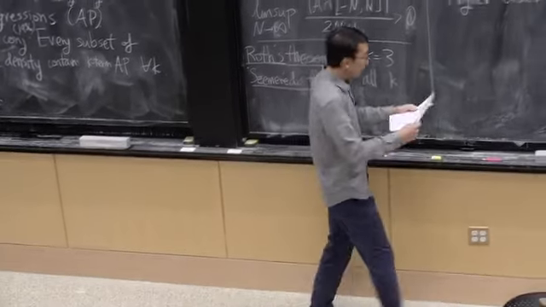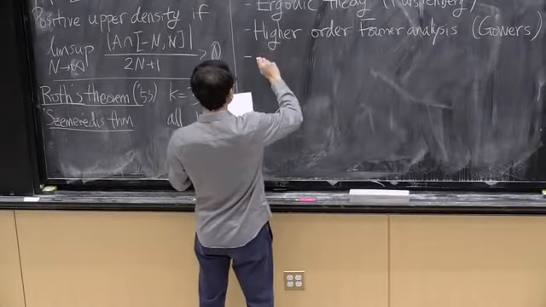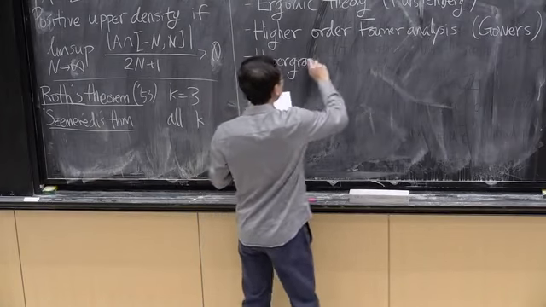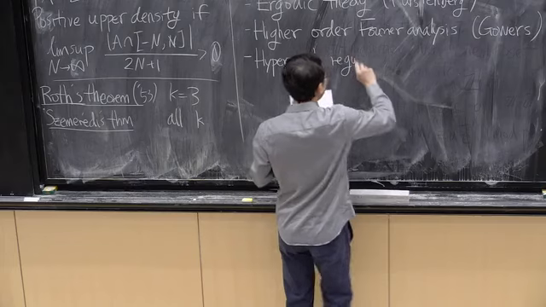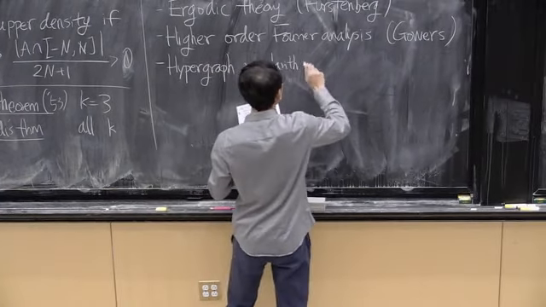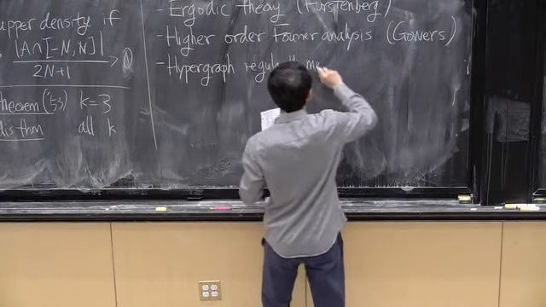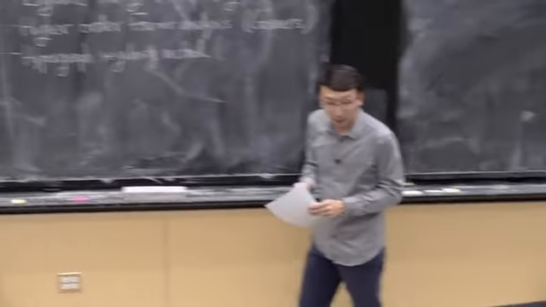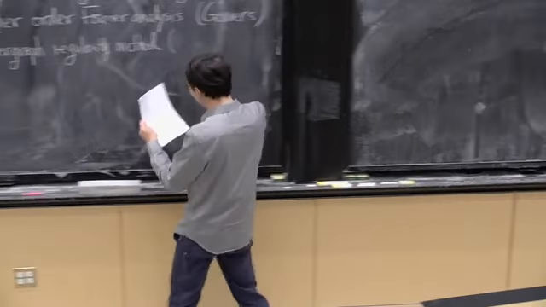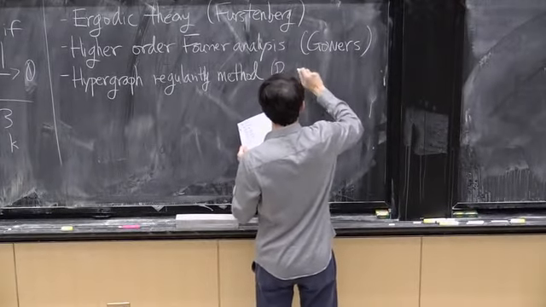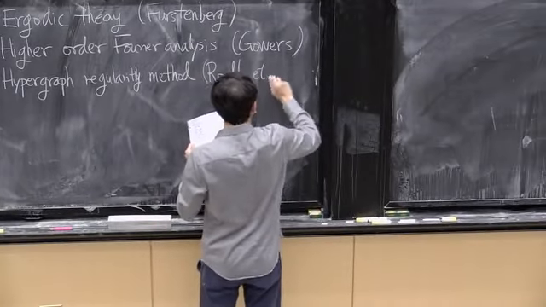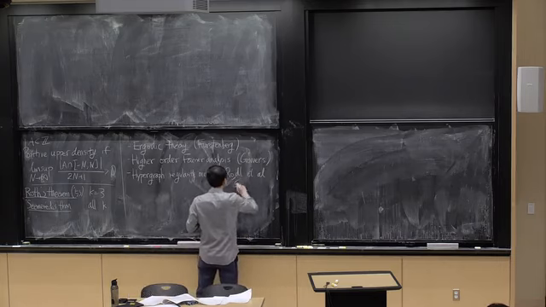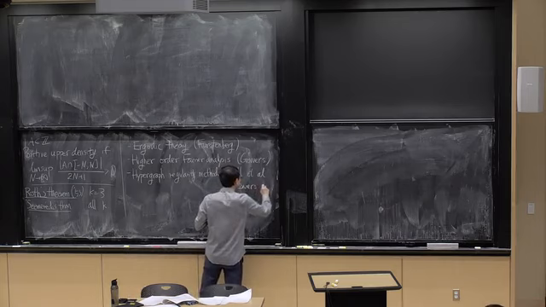Okay. Another very influential approach is called hypergraph regularity. Right, so the hypergraph regularity method was also discovered in the early 2000s independently by a team led by Roth and also by Gowers.